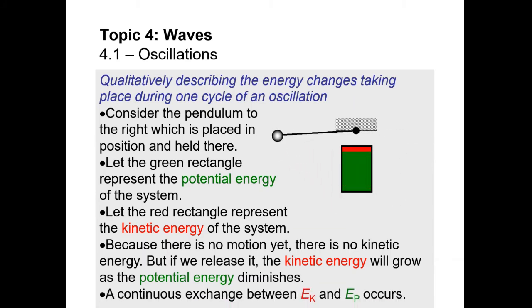And a continuous exchange between kinetic and potential energy occurs. You can see at the extreme points, it's completely gravitational potential energy. At equilibrium position, it is completely kinetic energy. Maximum gravitational potential energy happens at the extreme point, and maximum kinetic energy happens at the equilibrium position.